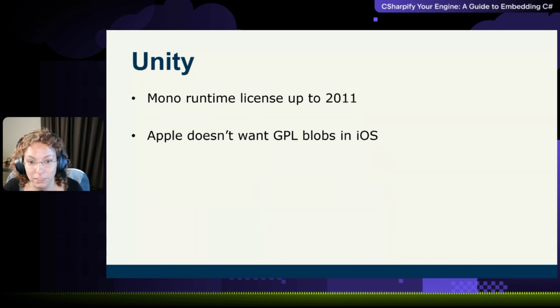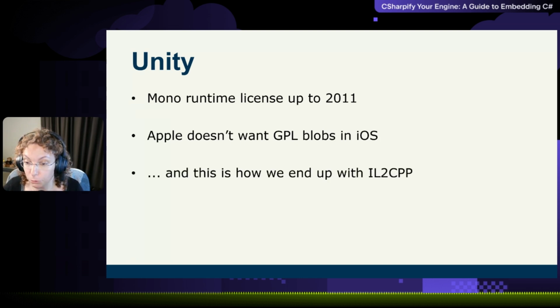So Unity had two problems. They couldn't run GPL. The Mono open source license was GPL, and Apple didn't like that. Mono had a commercial license, which was not GPL, but Unity didn't have one of those after 2011. So Unity decided to create IL2CPP, which is basically taking the intermediate language and, instead of running the runtime with it, transforming it into C++, which can then be compiled with a normal C++ compiler.